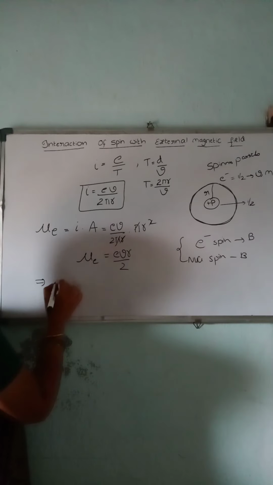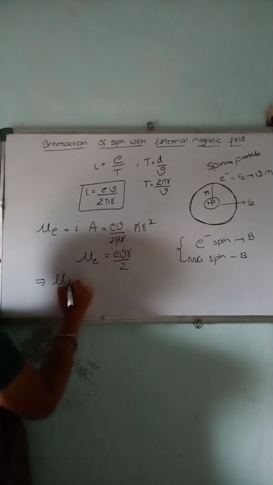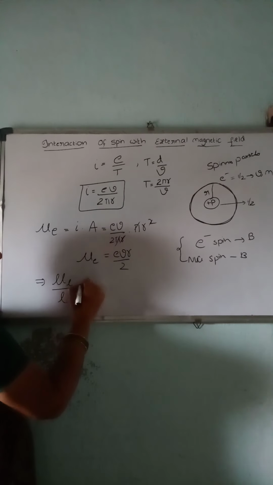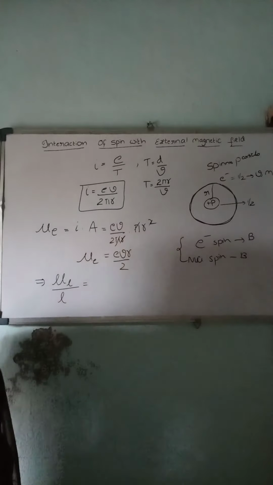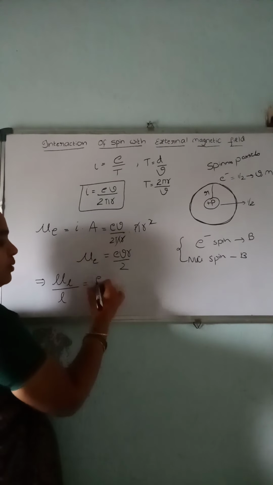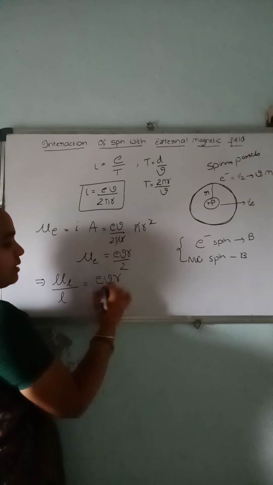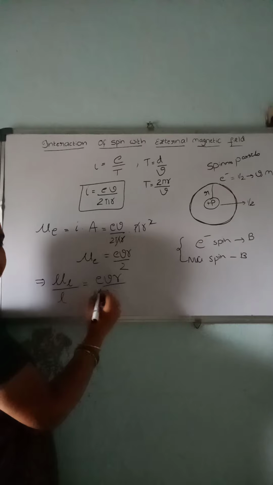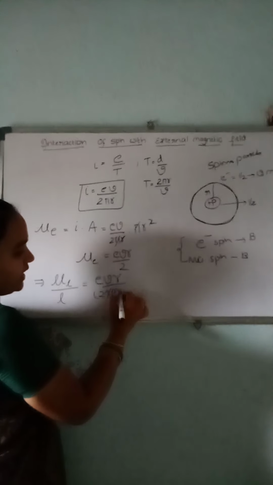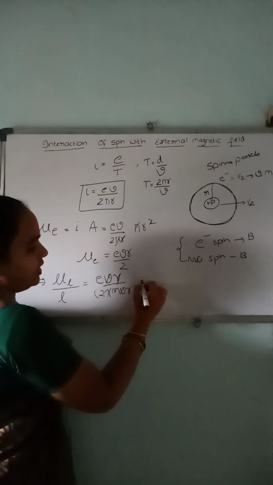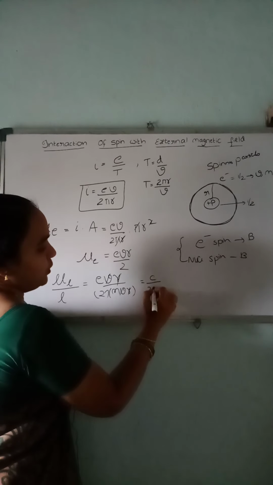We know that the ratio of the orbital magnetic moment to the orbital angular momentum can be calculated. We have already calculated the magnetic dipole moment as evr/2. What is the orbital angular momentum of an electron? It is mvr. The vr cancels, and we get e/2m.